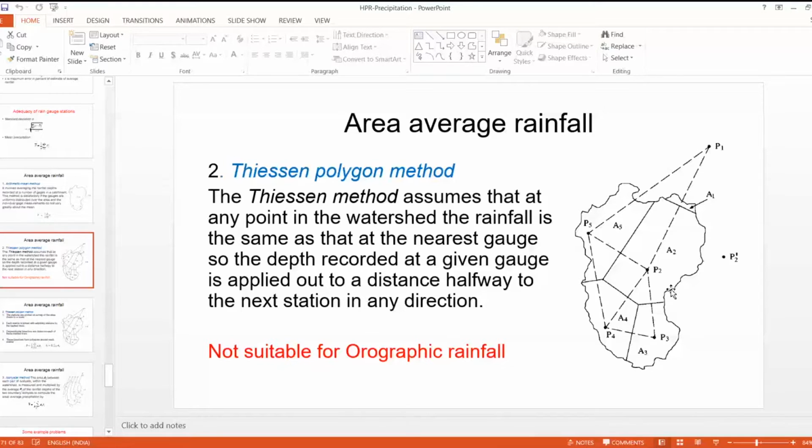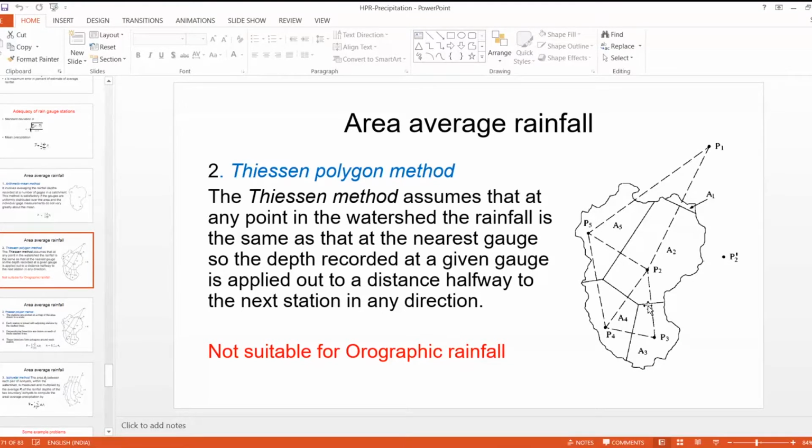Suppose you see this catchment area, there are P1, P2, P3, P4, P5. So there are five rain gauge stations. If you see this P2 and P3, we need to connect them, and then draw a perpendicular bisector. On either side of that perpendicular bisector, the area is represented by the rain gauge on that side.